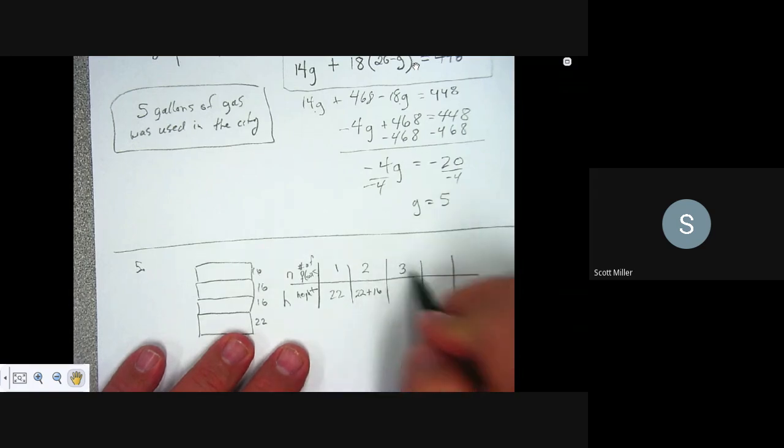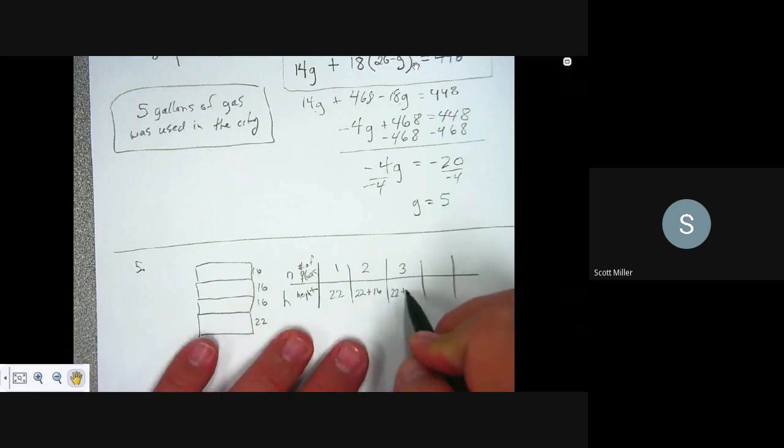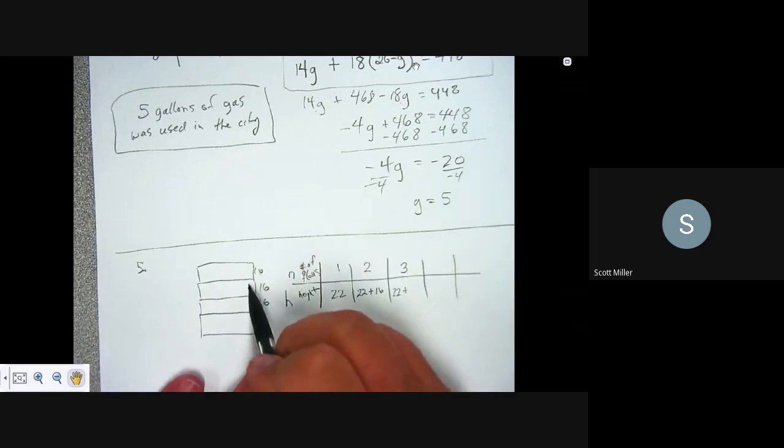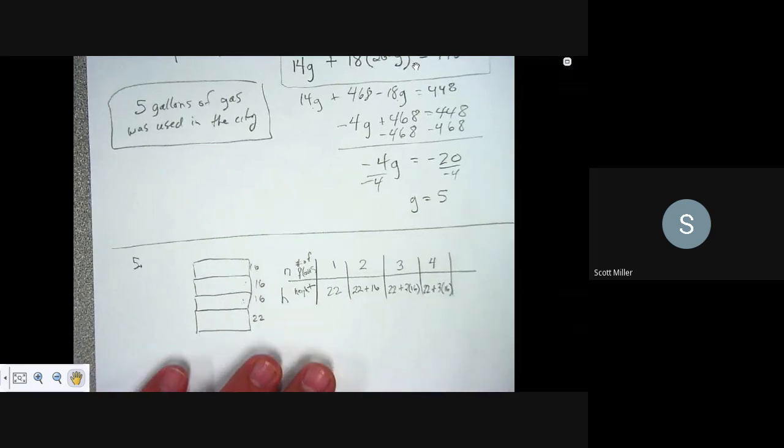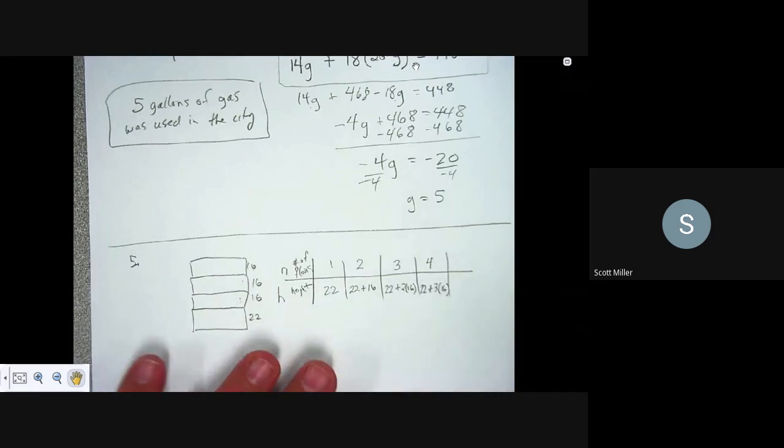If there's 3 floors, then it's 22 for the first floor. And then what? 2 16s. So I would write it as 2 times 16. If there's 4 floors, then it's 22, and then 3 16s. I do it this way to see if I can establish a pattern.